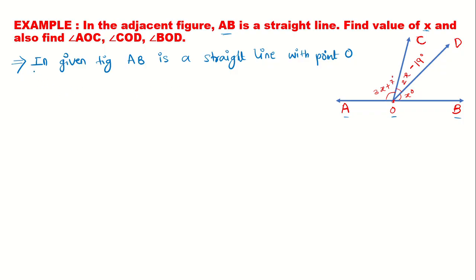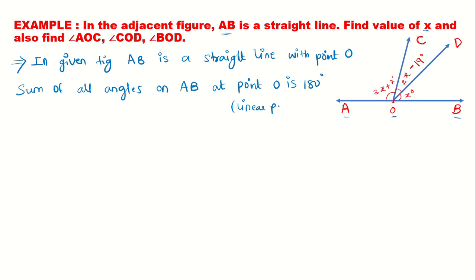Now write it. Write down, the sum of all angles on line AB at point O is how much? 180 degrees from linear pair of angles that we discussed previously.